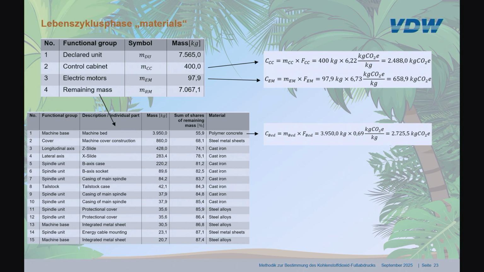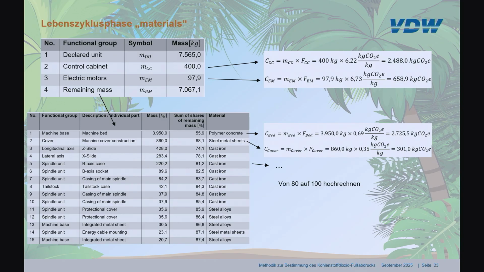So for the heaviest parts, mostly the heaviest part is the machine bed. It weighs a couple tons. You take that, mass times emission factor, maybe it's a casting or polymer concrete, and that gives you the emissions of that material. And then you repeat that until you've covered 80% of the weight, and then you scale from 80 up to 100%.